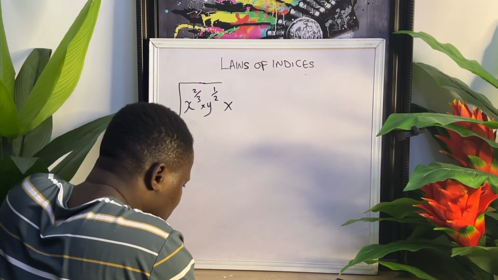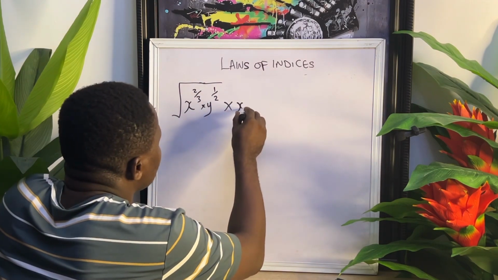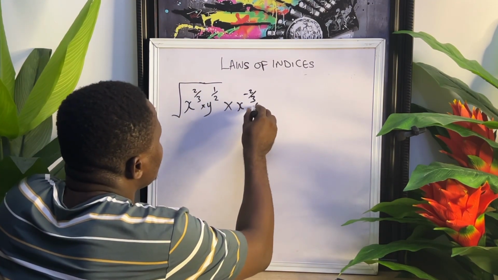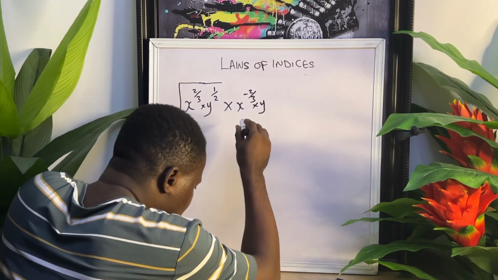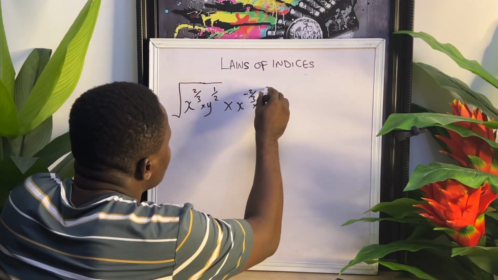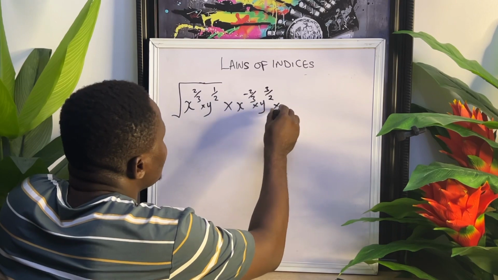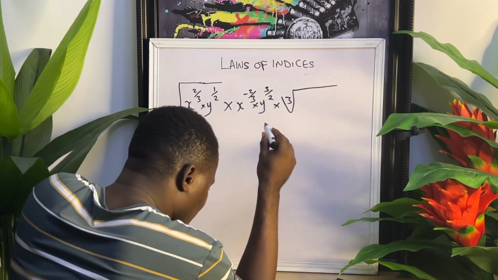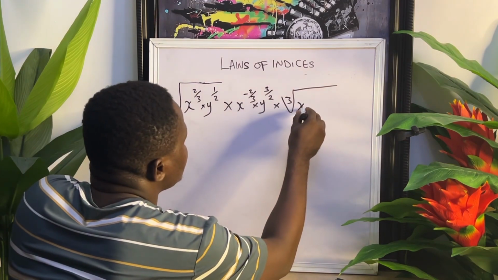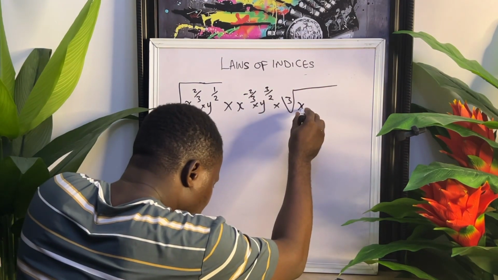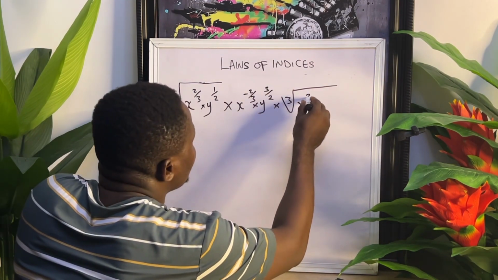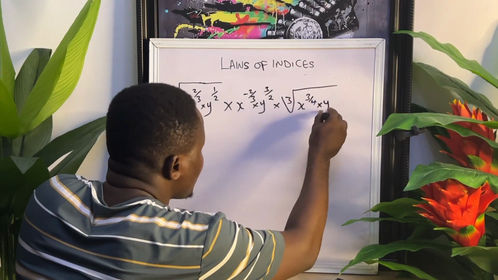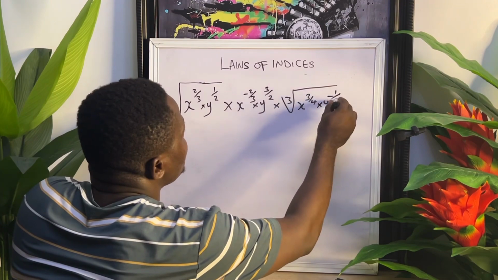Everything times x raised to power minus 2 over 3 times y that is raised to power 3 over 2. Everything times third root of x raised to power 3 over 4 times y raised to power minus 1 over 2.